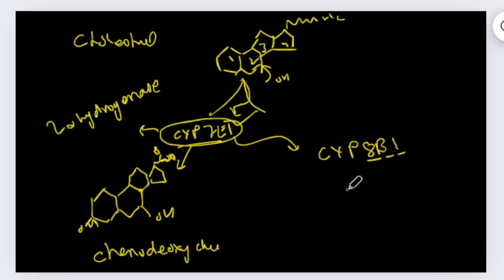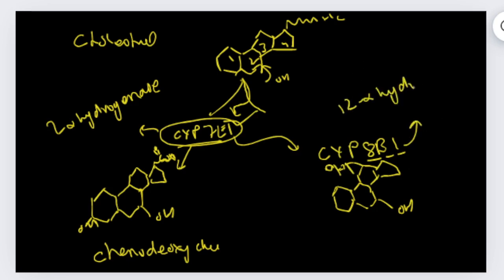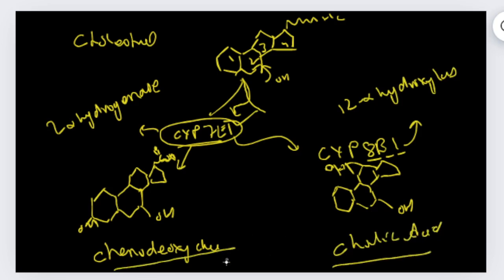When this enzyme acts on it, it attaches two hydroxyl groups, one on the 7th carbon and one on the 12th carbon. This enzyme is also called 12-alpha hydroxylase. So this gives cholic acid. These are two compounds, chenodeoxycholic acid and cholic acid.